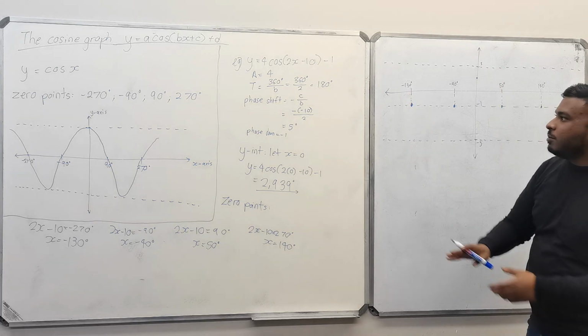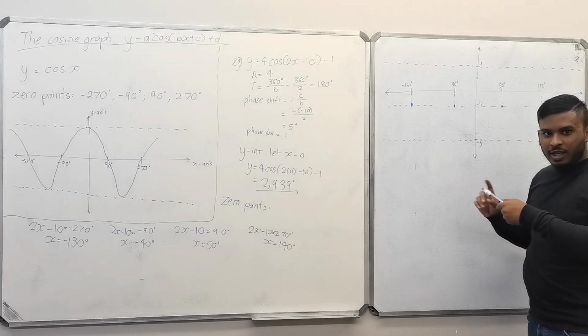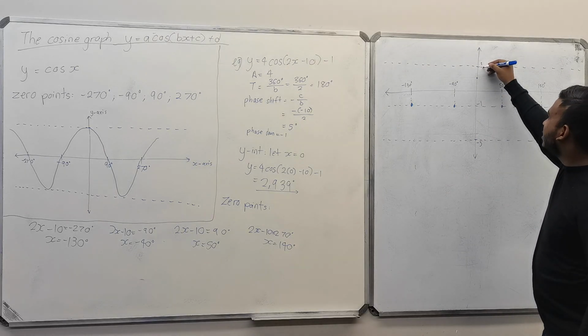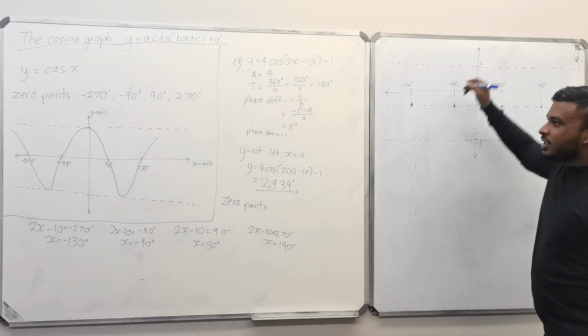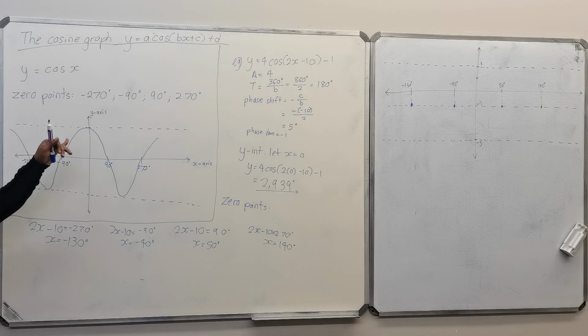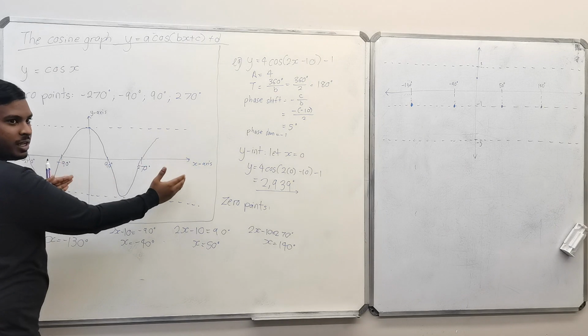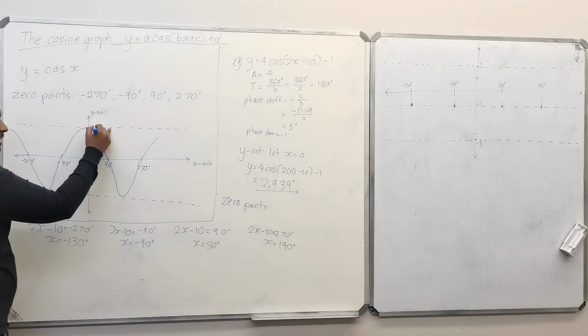With your phase shift, remember this whole graph moved 5 degrees to the right. So instead of it starting here, it'll actually start 5 degrees over here. Normally it starts at 0, and your phase shift will cause this whole thing to move 5 degrees to the right.